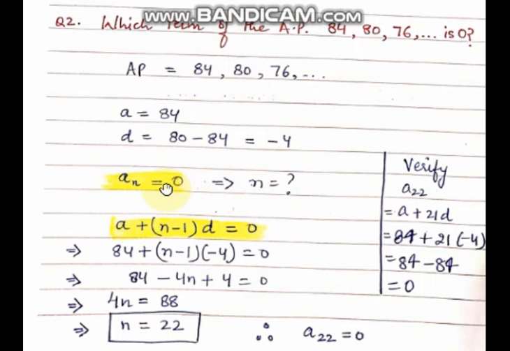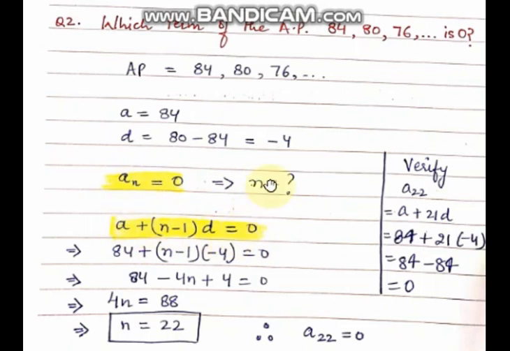And we need, please note this, for what n we have an, some general term, equal to 0. We know the formula, an is equal to a plus n minus 1 d, and since we need to reach 0, I wrote an is equal to 0 and replaced an by a plus n minus 1 d.